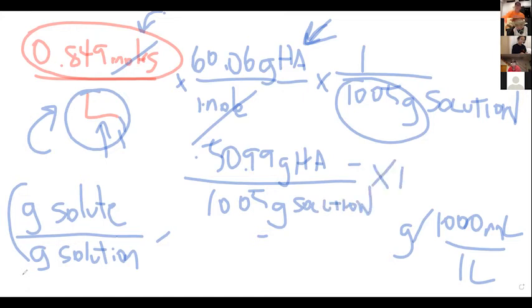I multiply that by 100 and I've got my mass percent, 5.07%. And I round that to 5.1 because I only have 2 significant digits in my concentration.